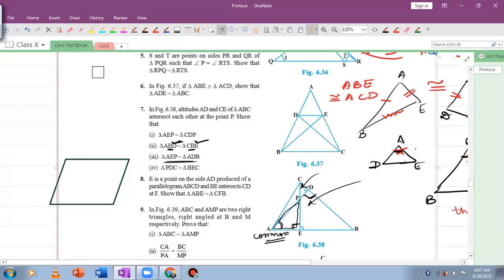Let's name it first. So this side needs to be extended, and nothing has been said. You can just extend it simply up to point E.